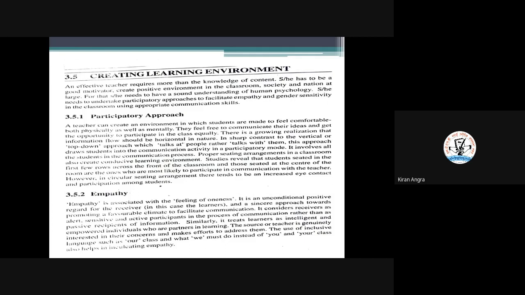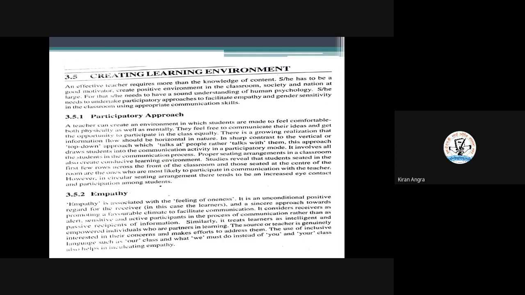Now, for any learning environment, you are just teaching, and you know very much that an effective teacher requires more than knowledge of the content. This is very important. He should be a good motivator, able to create a positive environment, and should have a sound understanding of human psychology.